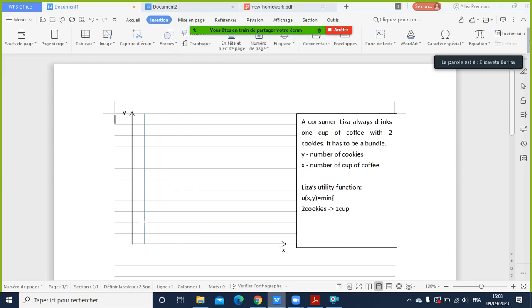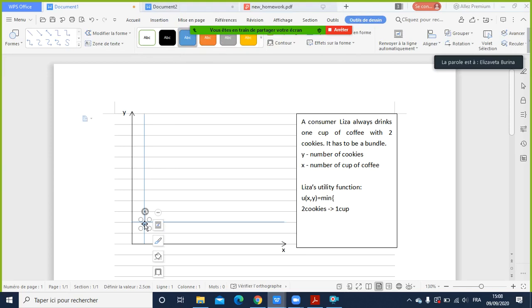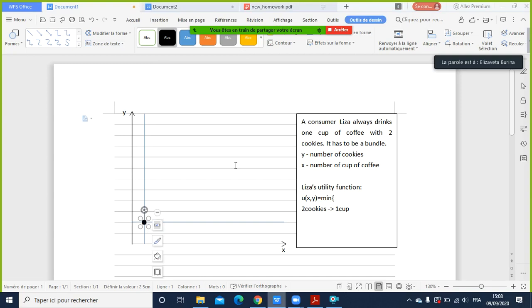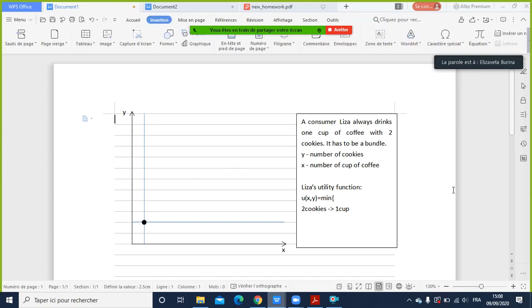I don't know how to do dots, but I came up with this option. So this is the first dot that for sure belongs to this graph. Why do I say that it for sure belongs to this graph?